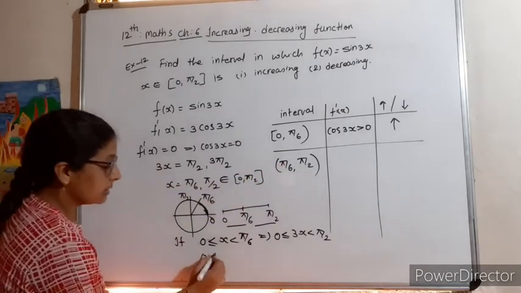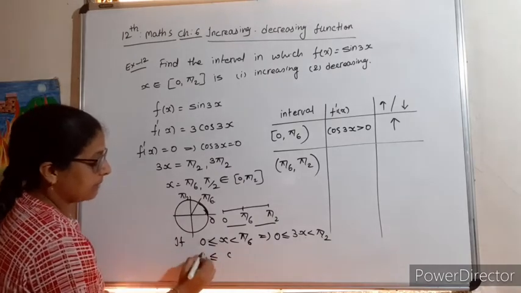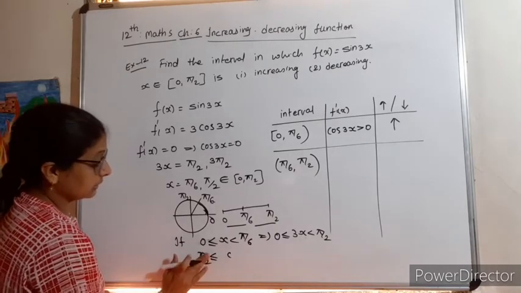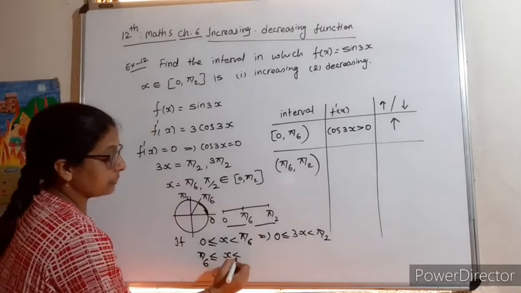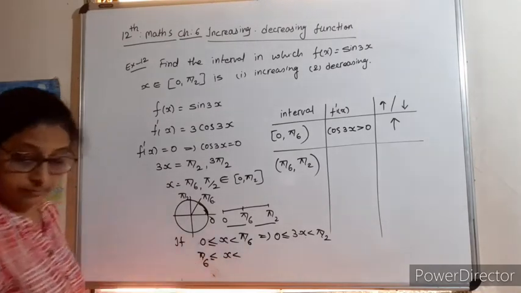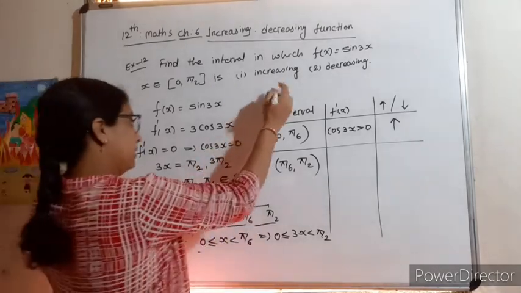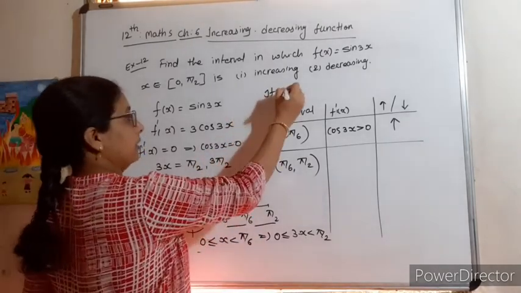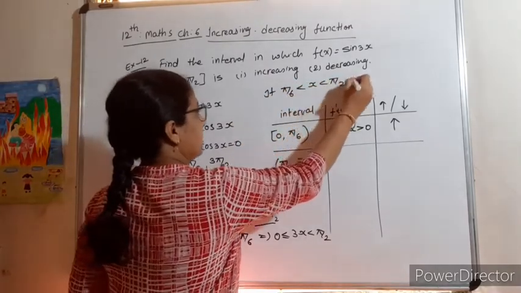So I will write it here: if pi by 6 less than x less than pi by 2.